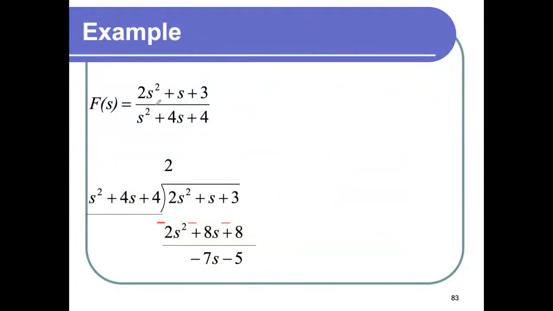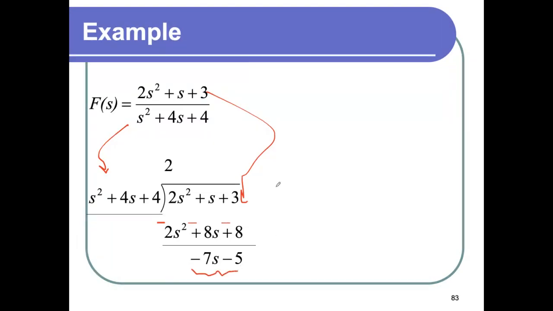So basically, you take the numerator, you put it over here. You take the denominator, you put it over here. Then you multiply by whatever you need to multiply in order to cancel the term. So if I multiply by 2, I have 2s squared plus 8s plus 8. Take a negative sign of everything. So we're left with minus 7s minus 5.